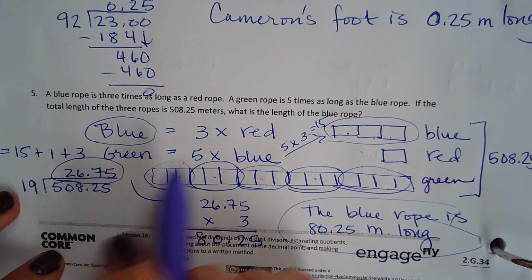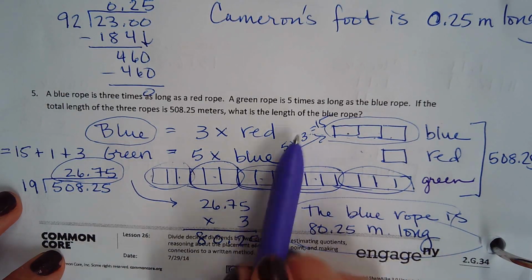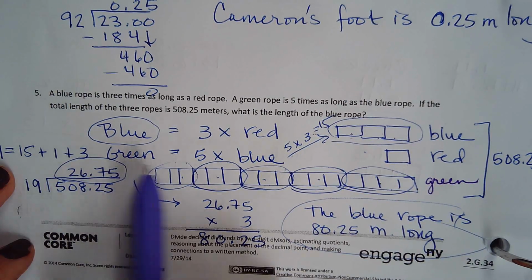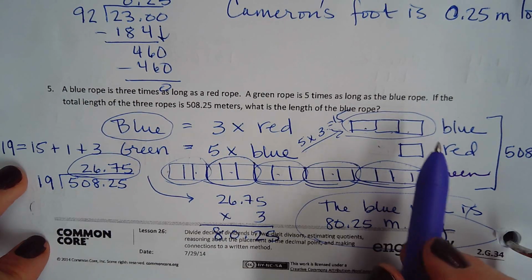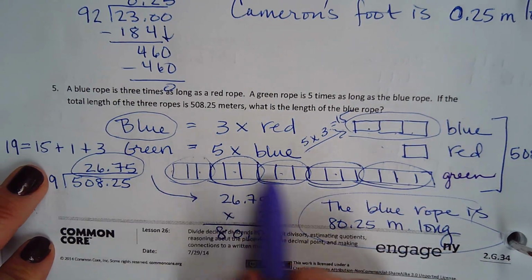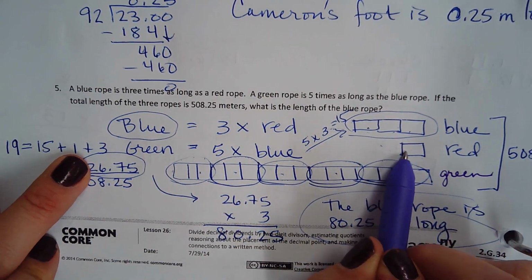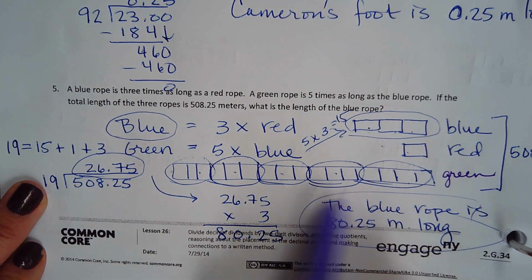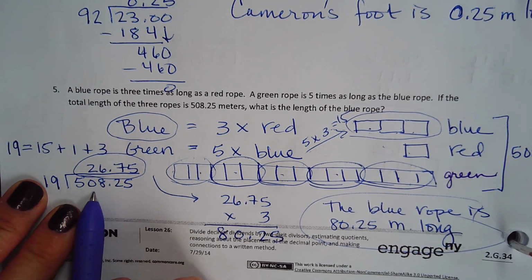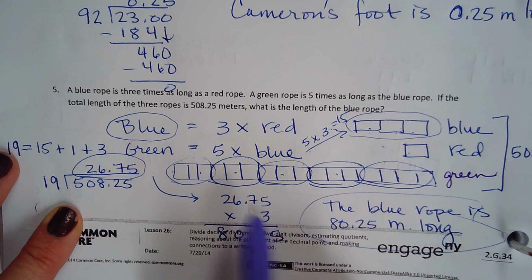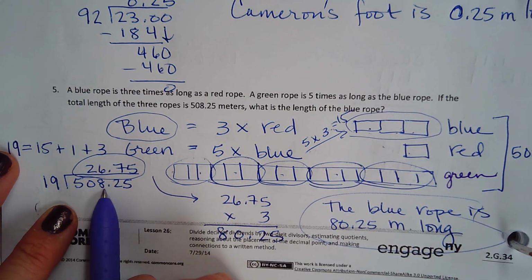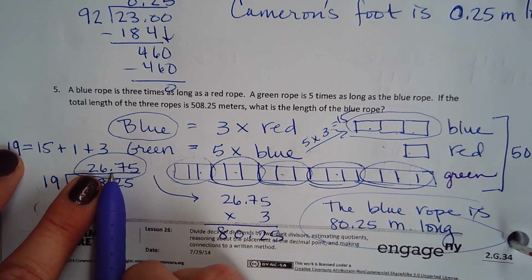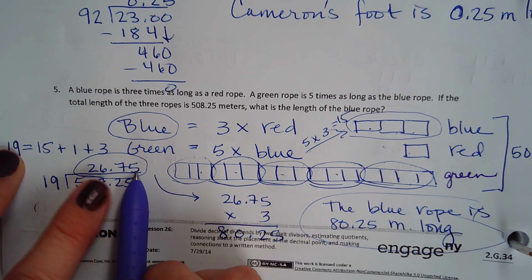But in order to figure out the length of the blue rope, you need to go 19. Well, where did I get that 19? I added 15 plus 1 plus 3 and got 19. 19 divided into 508.25, because those are meters, right? And I'm going to get 26.75.